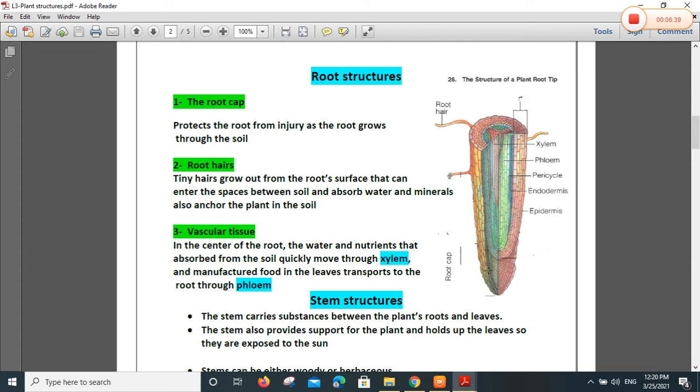But what about water? Upward only. So the three main parts that form a root structure are root cap, root hairs, and vascular tissue. Move to the stem.